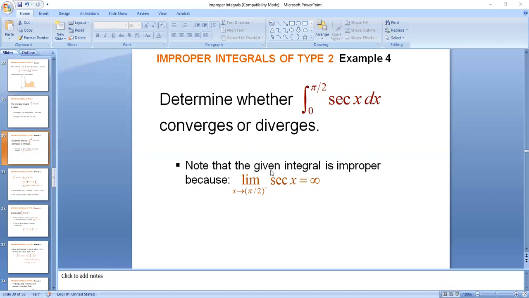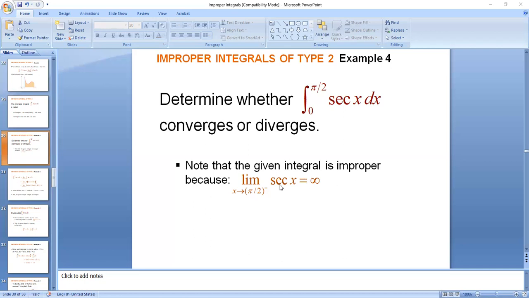Note that the given integral is improper because the limit of secant of x as x approaches the value of 90 degrees, meaning if you substitute 90 degrees for x in the secant, the value is infinity. What is secant? That's the inverse of cosine, right?